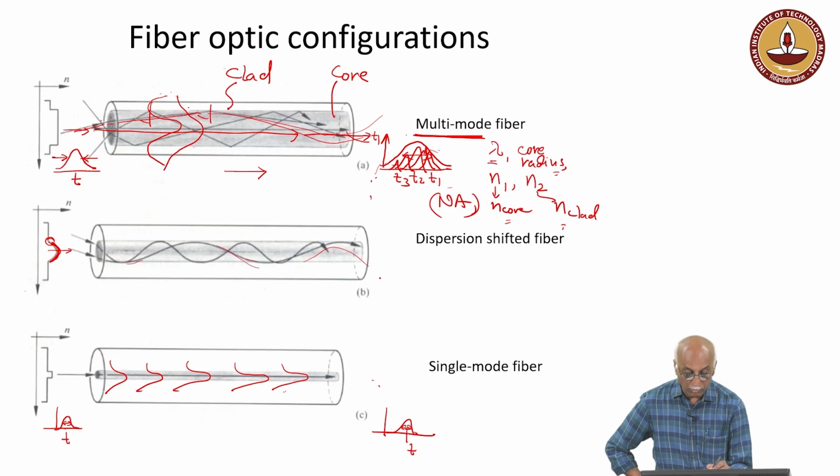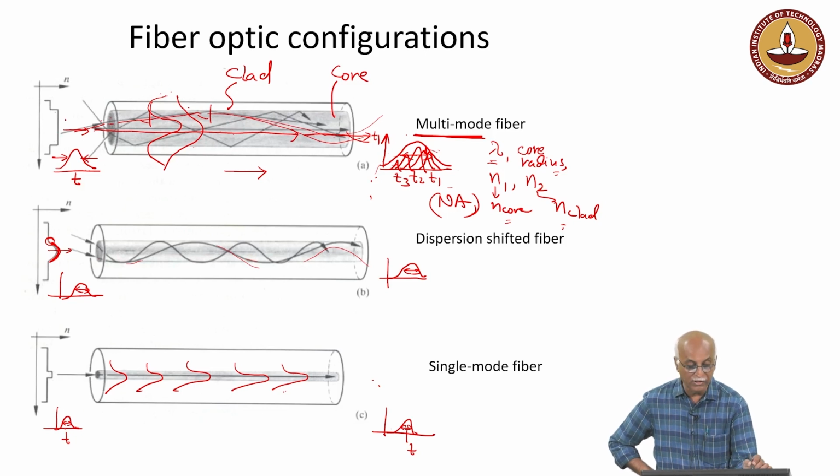So, the pulse broadening will be minimal, not significant, unlike in case of multimode fiber, where the pulse broadening comes into picture because the path travelled is different for the different modes of the light travelling through this optical fiber, although they are all observing the same refractive index.